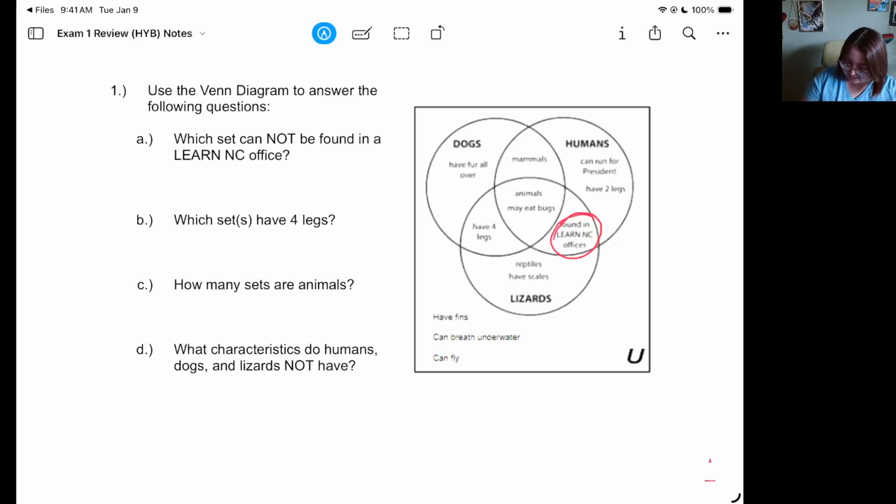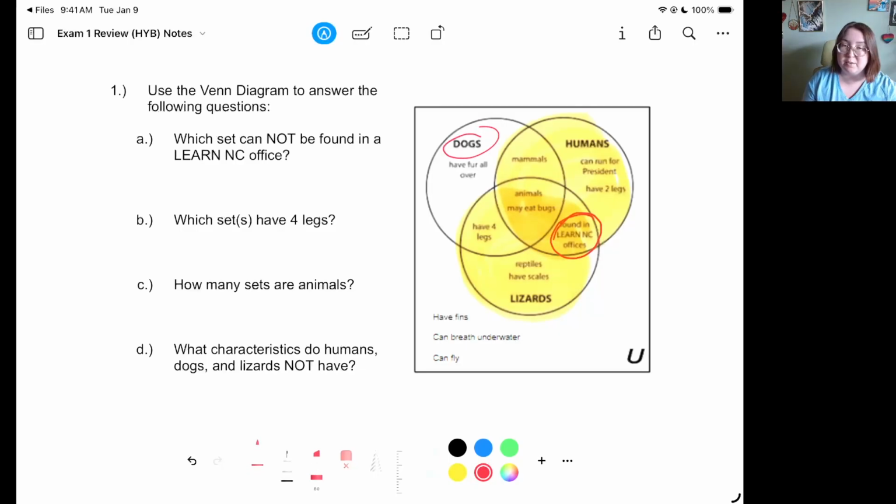So the sets that we're kind of looking at, right? We have this in humans, and that Learn NC office is also found in the set for lizards. So the set that it would not be contained in would be our set for dogs. So that is the set that is not found in the Learn NC office.